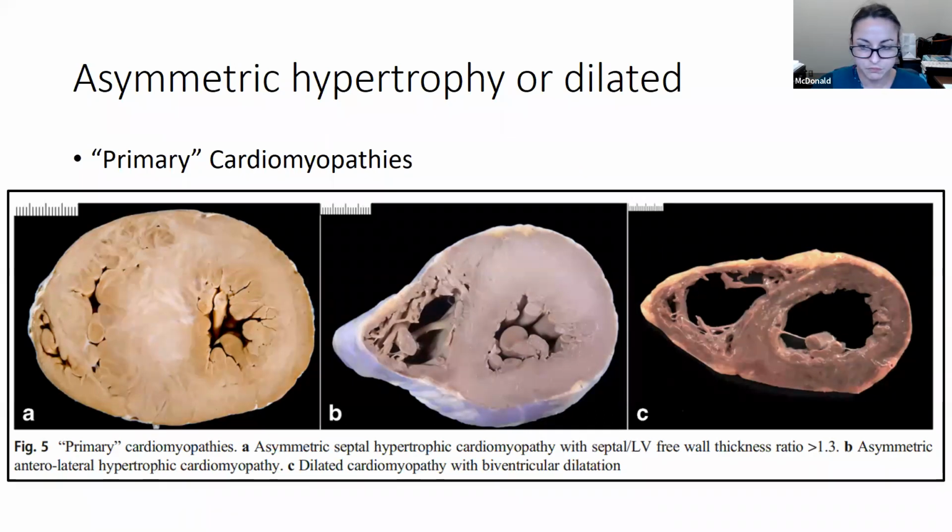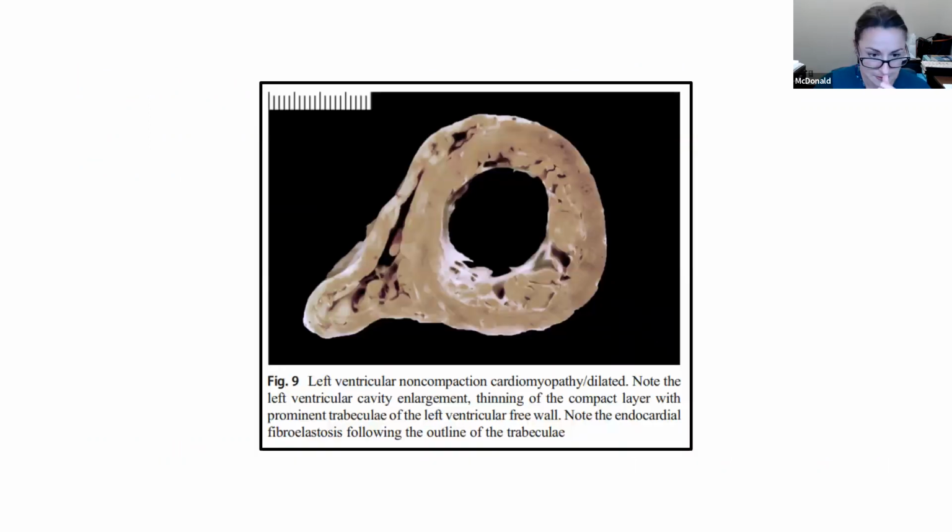In the middle, it's the asymmetric interlateral thickening. And on the right is a dilated cardiomyopathy. Also, we can think about the left ventricular non-compaction cardiomyopathy, which is kind of an in-between entity.